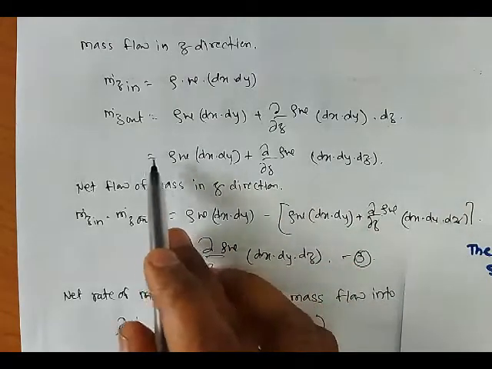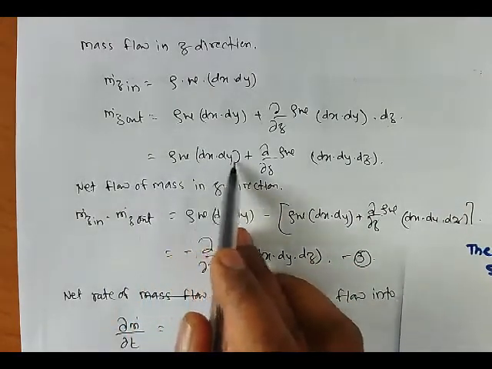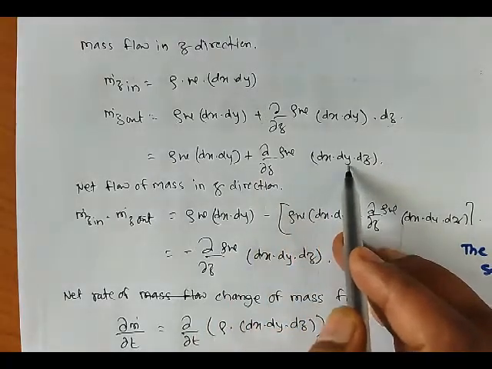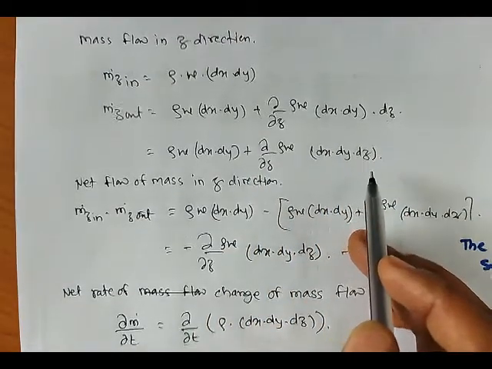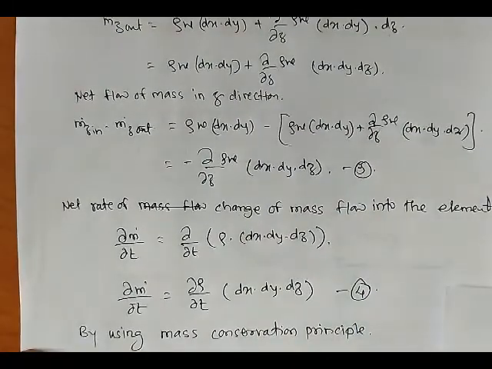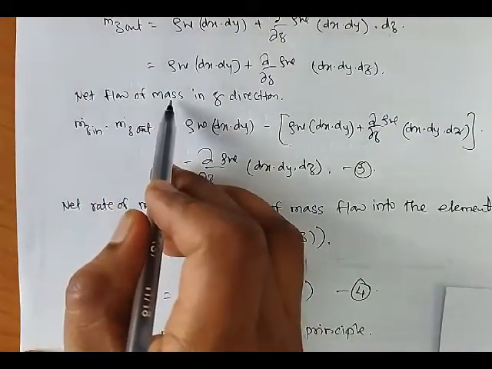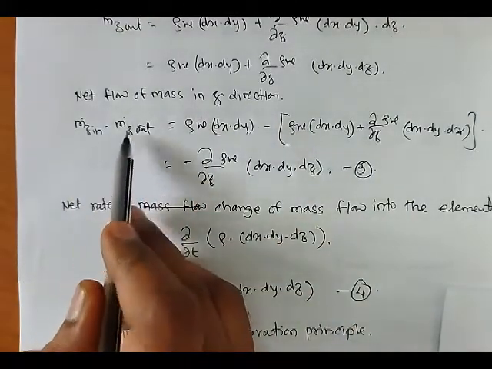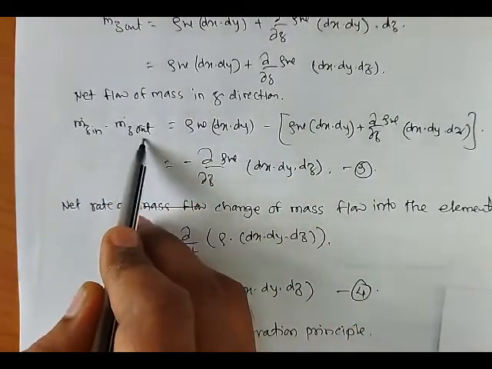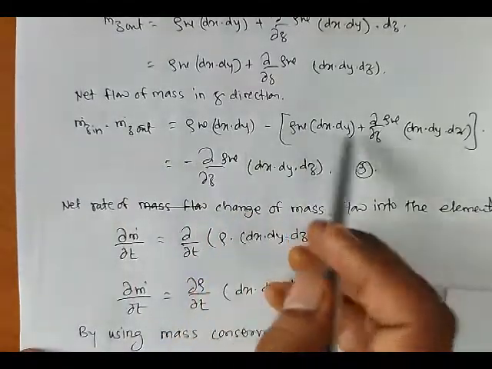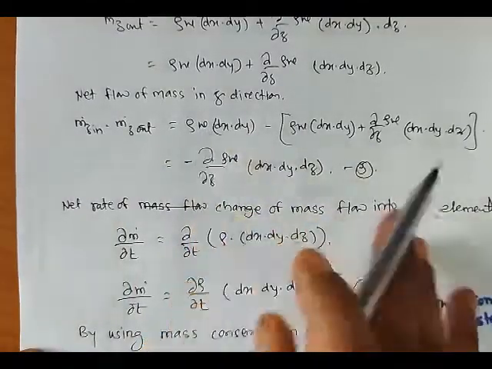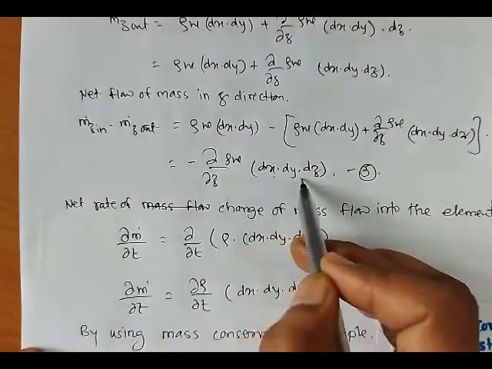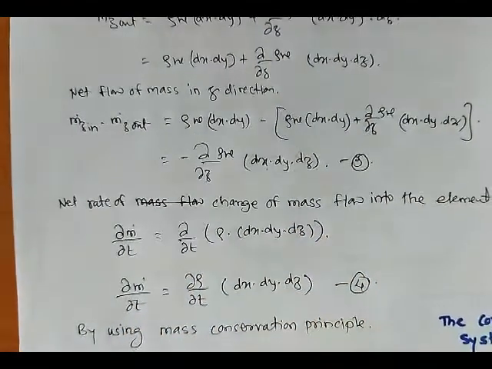After simplification we have m dot z out is equal to rho w dx dy plus del rho w by del z multiplied with dx dy dz, because these are constant. Now the net flow of mass in z direction, similarly m dot z in minus m dot z out, after subtracting this value from the inlet value, we get minus del rho w by del z dx dy dz. This is our equation number 3.